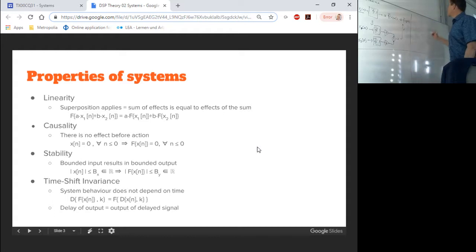Next one is causality. A system is causal if there is a good reason for the output, meaning no effect before action, no reaction before action. Fundamentally it means that if we have a signal which starts at point 0, any signal can be random, all zeros before that, this is our input for the system.